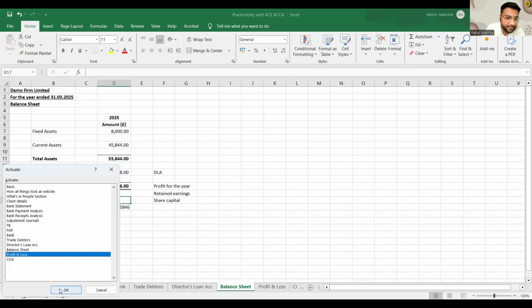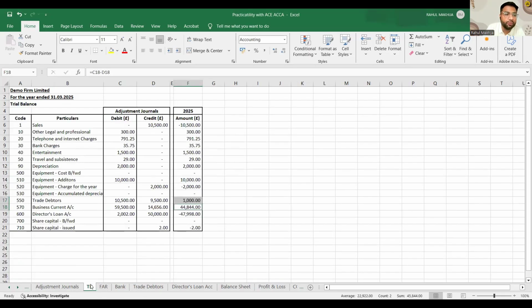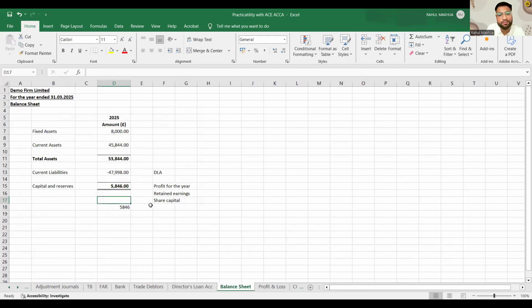So we have made all the things which the client requires except corporation taxation. We have made the profit and loss statement, the trial balance for the year ended 31st March 2025, and the balance sheet also. And that's what the client requires. It was such an easy task, but in real life, it is not as easy as you think.